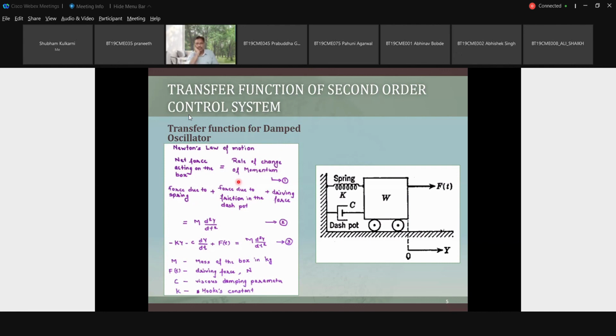Okay, look at it. Agree? See, I have written everything positive here, but look at the sign: this is negative, this one is also negative. Why? Because spring will oppose. Similarly, friction will oppose the motion. Okay, plus driving force, and it is the acceleration due to gravity, mass into momentum. That is the momentum terminology. Rate of change of momentum.